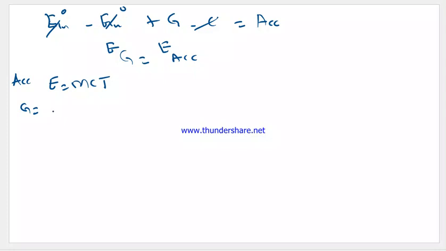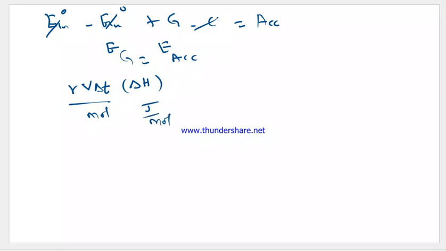So for the energy generated, we have the rate of reaction, which is RV delta T, which gives us moles, multiplied by the enthalpy, which is joule per mole. So everything gives us joule.